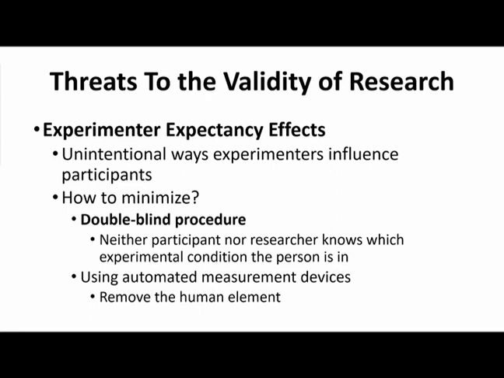We also have expectations on the other side of things. So it's not just the participants that have expectations, but our experimenters have expectations as well. And those can lead to experimenter expectancy effects, where basically the experimenter can unintentionally influence the participants of the experiment.